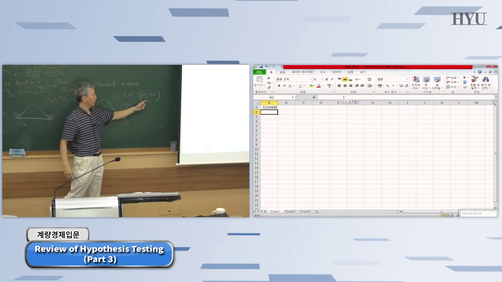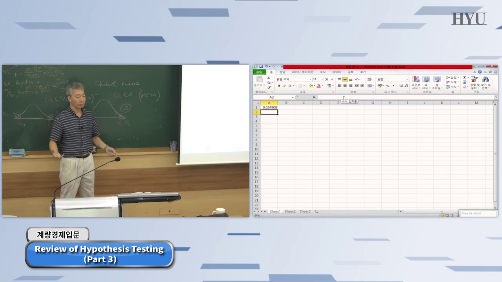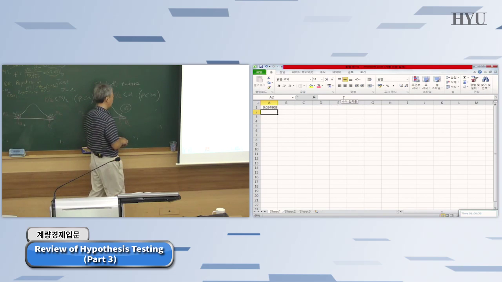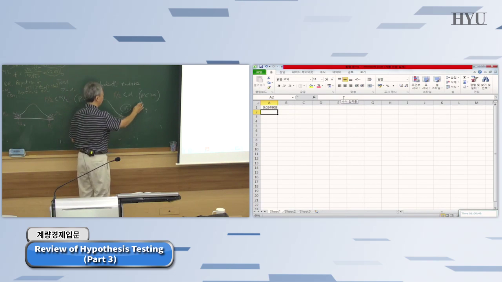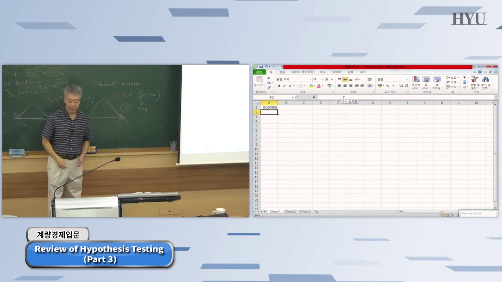Alpha level is usually something like 0.01 or 0.05 or 0.025, so it's easy to multiply by 2, right? But your p-value can be something like 0.2179, and if you want to divide it by 2, you'll have to use your calculator, right? So instead of doing this, just use this rule, and you can easily make the decision, right?